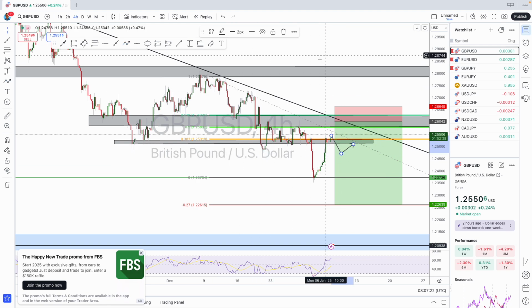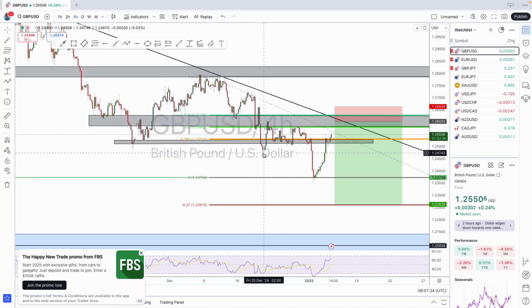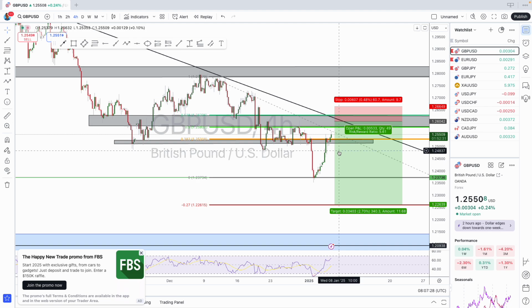Sorry. Look at this guy here. This is looking like a shoulder, this is looking like a head. So I'm betting that this might be an area where we would have at least some amount of retracement, right?